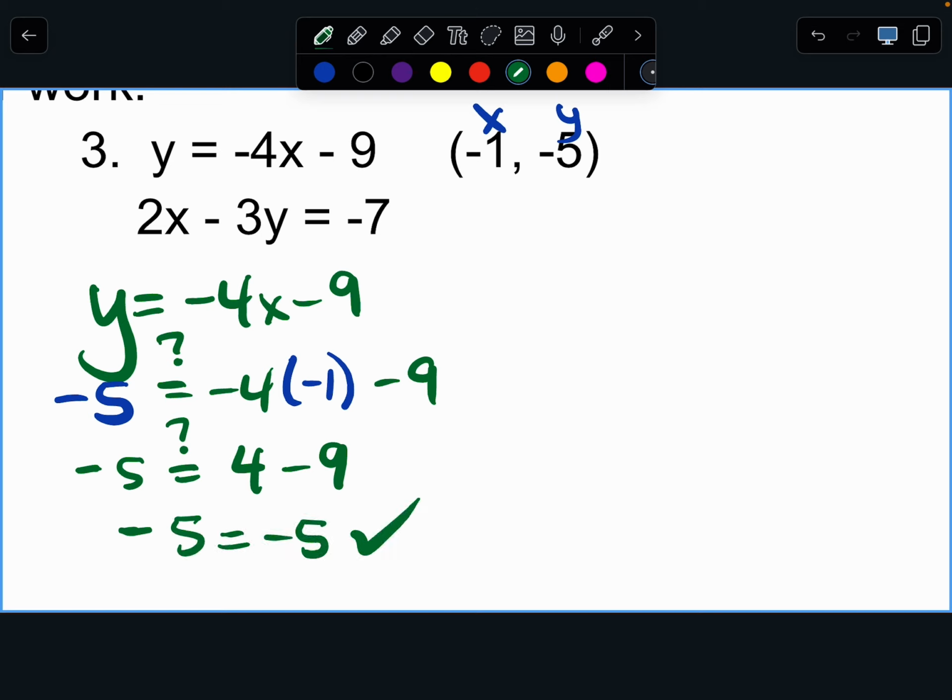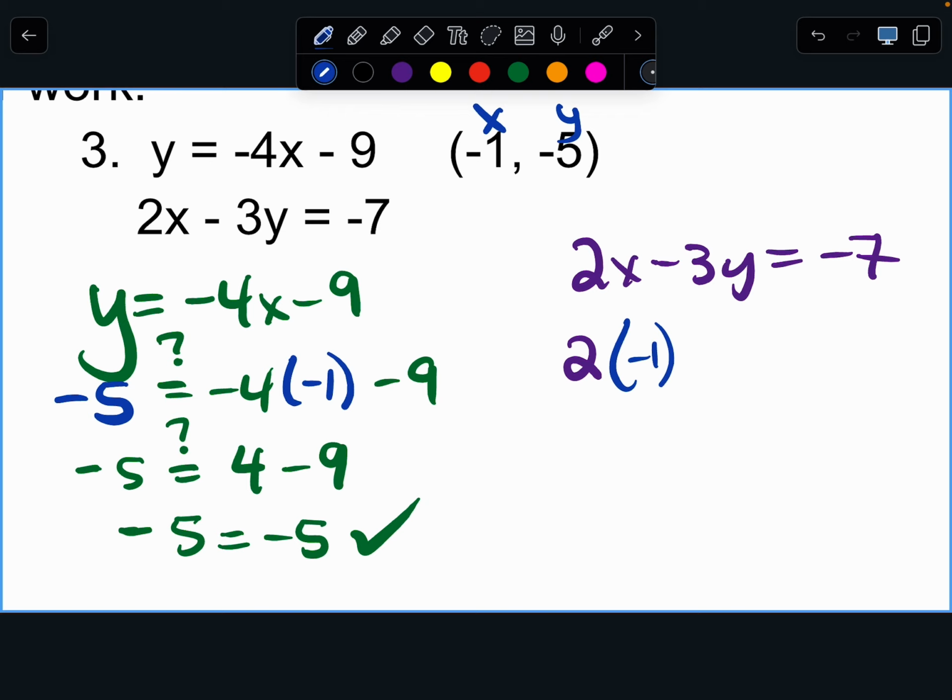Don't always assume that the other one works, so we're going to plug it in. So I have, no I do not. I have 2x minus 3y equals negative 7. So I have 2. I'm going to replace the x with negative 1. I have y, and I'm going to replace that with negative 5.